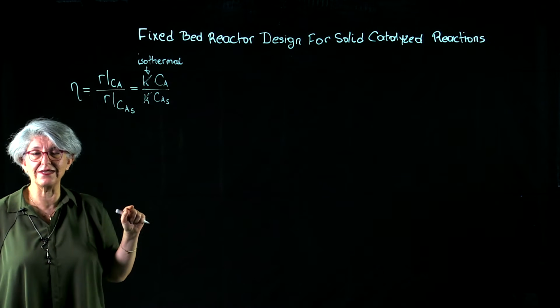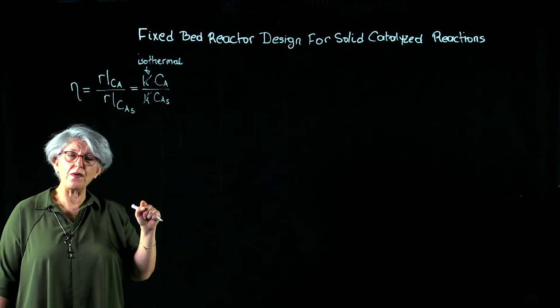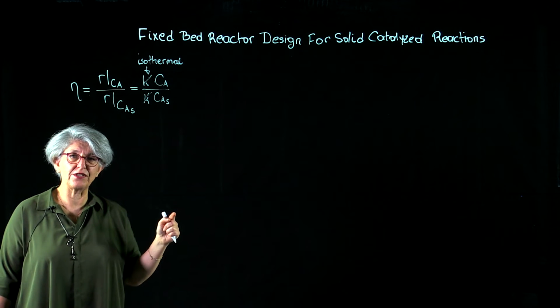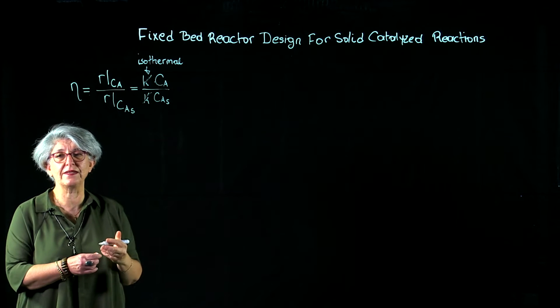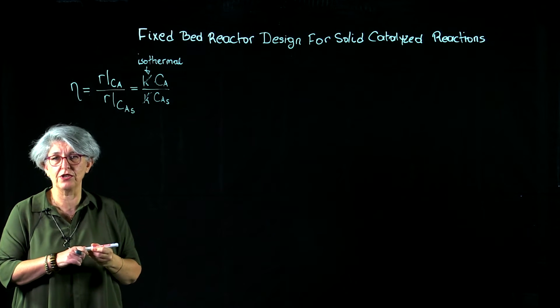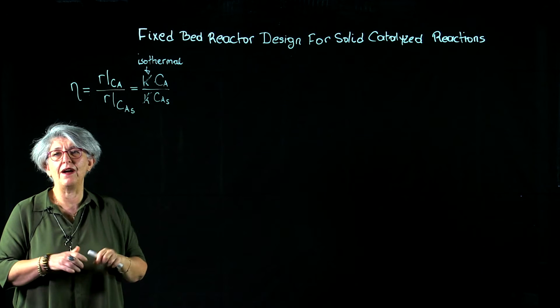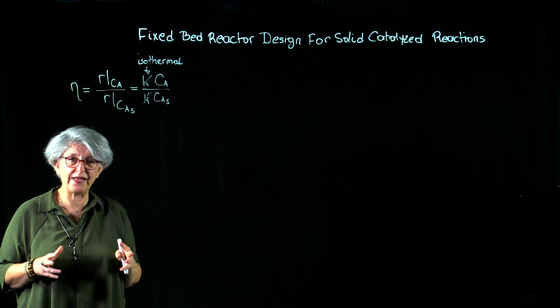Under such conditions, we have to solve both the species conservation equation and the energy balance in order to find out the behavior of this reaction within the catalyst pellet.